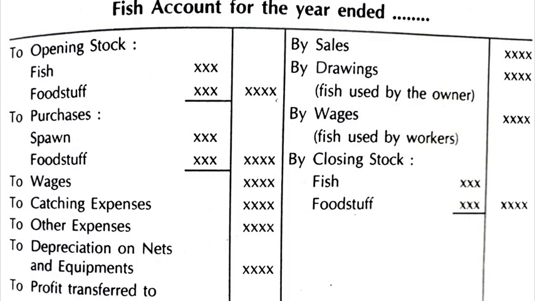Next comes the next one, in case of piscicultural activities. Now what is this piscicultural activities? We have learnt how agricultural land is used for different activities. For example, it can be used for agricultural products wherein you grow fruit and grains.